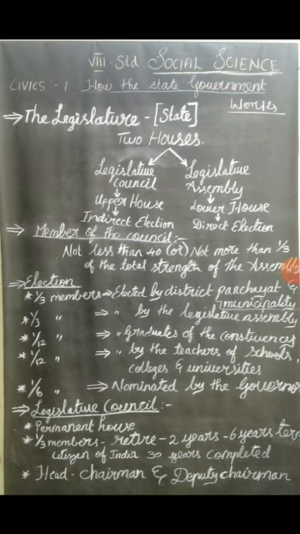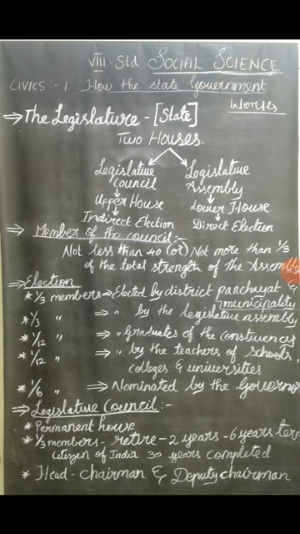Second, the members of the legislative council are elected indirectly. 1/3 of its members are elected by local government bodies like district panchayats and municipalities.